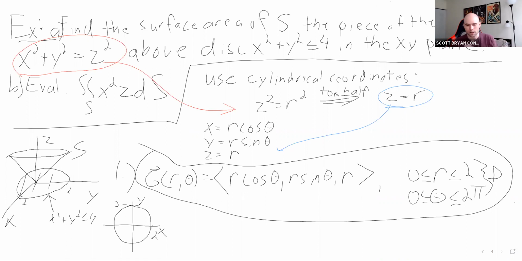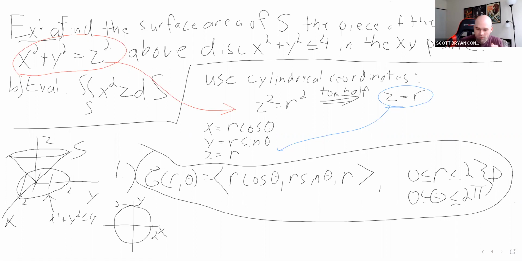We parameterize our surface. Okay. So with parameterization in hand, now we need to calculate g sub r cross g sub theta. And so I just want to say, don't get this mixed up. Whenever we write the formulas for everything, we use u and v, but we almost never actually use u and v. We call our parameters other stuff, usually variables from other coordinate systems or x and y.